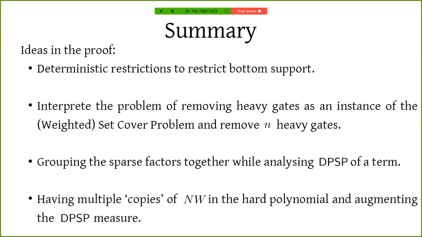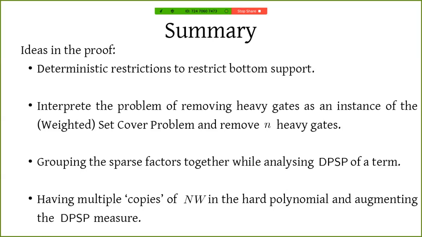We use the grouping trick from the work of Kayal, Saha, and Tavenas to group the sparse factors together while analyzing the dPSP measure of a term. Because of this trick, we are able to handle product terms with n raised to 1.5 many distinct sparse polynomials feeding into them.